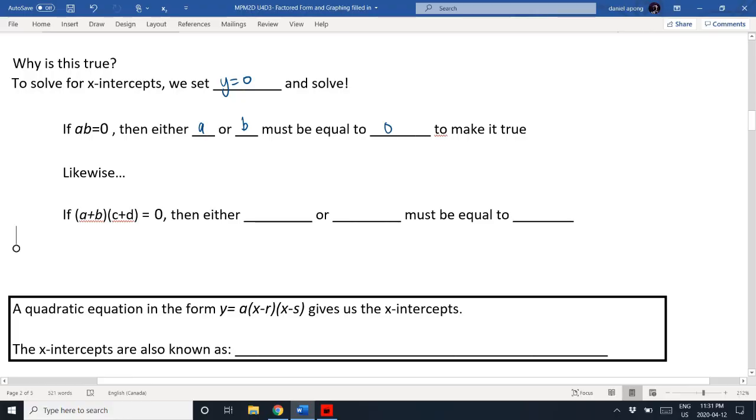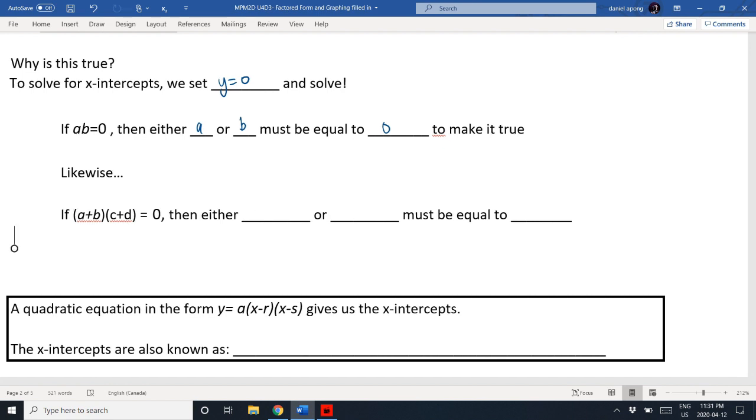Likewise, if bracket a plus b times bracket c plus d is equal to 0, then either our first factor bracket equals 0, and we multiply it to our next factor bracket, it'll give us a 0 answer. Likewise, if c plus d is equal to 0, and we multiply it to whatever value a plus b was, it'll also equal 0.